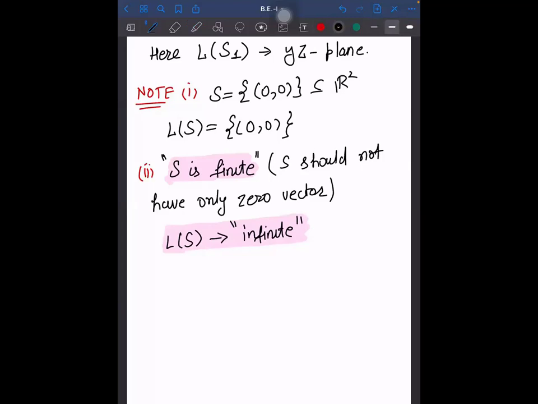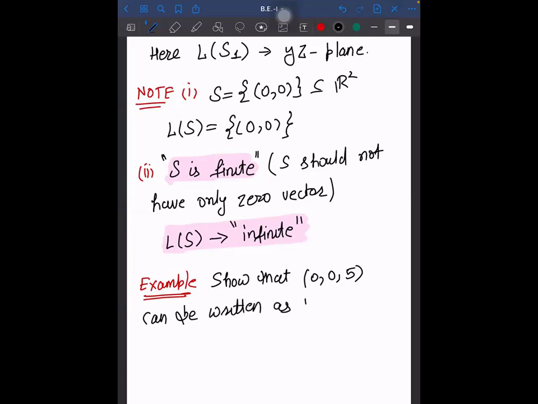Okay, so see this. Show that 0, 0, 5 can be written as the linear combination of 1, 0, 0 and 0, 0, 1, right?